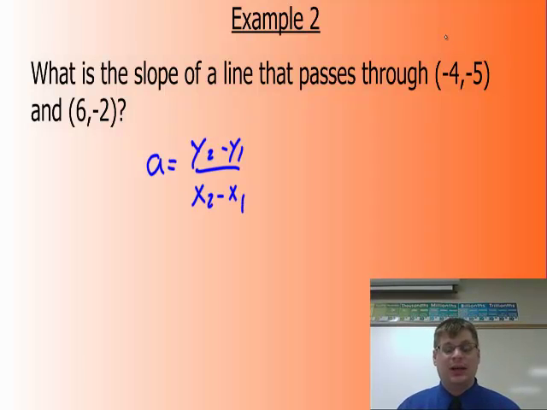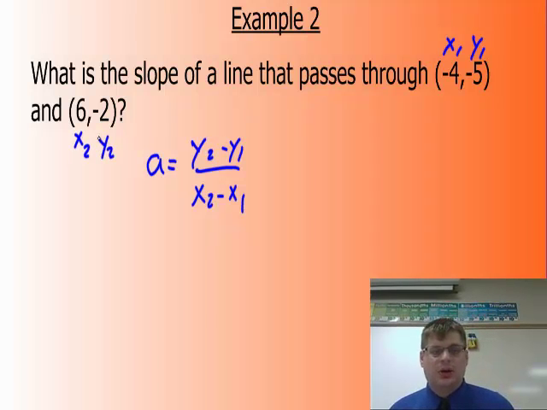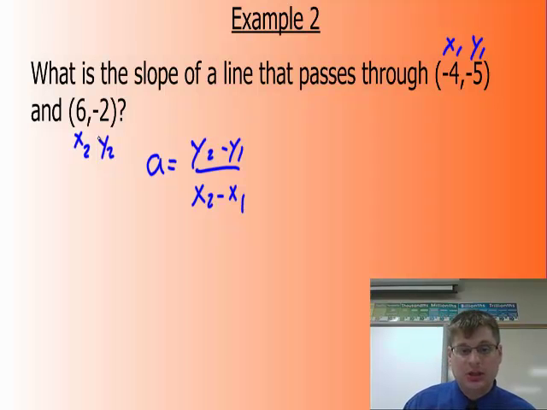I like to label my points, because the number one mistake people make when finding slope is getting their numbers switched around. So I'll call this first point x1, y1, and this other one my second point, x2, y2. It doesn't matter which one you call the first or second point, as long as you're consistent about your x's and your y's.